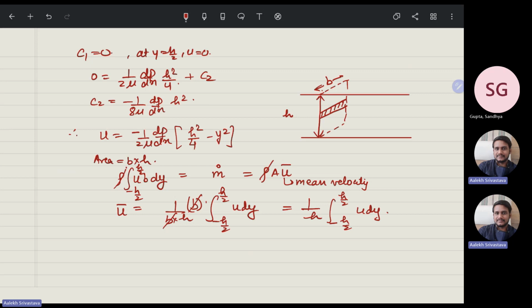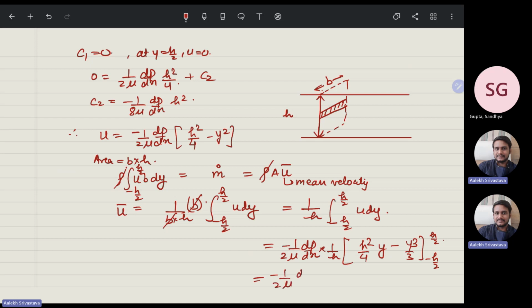So if you just integrate it, it will be minus 1 by 2 mu dp by dx into 1 by h, and it is h square by 4 into y, and minus y cube by 3, and the limit is minus h by 2 to h by 2.